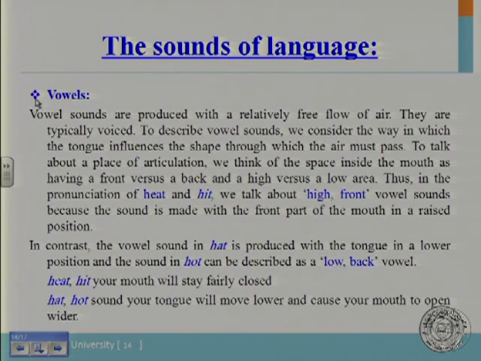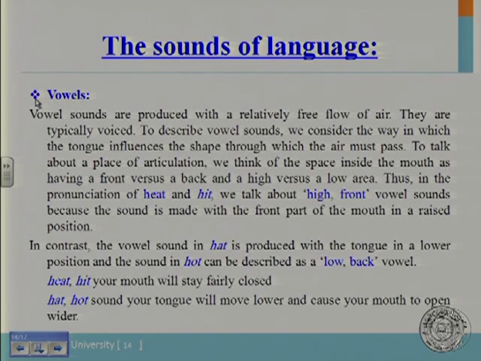To describe vowel sounds, we consider the way in which the tongue influences the shape through which the air must pass. To talk about a place of articulation, we think of the space inside the mouth as having a front part and a back part, and a high and a low area.